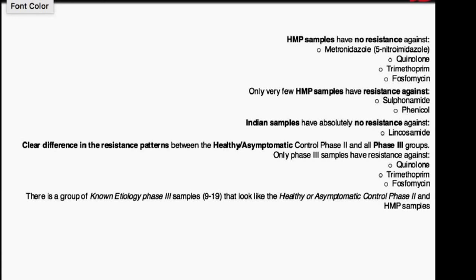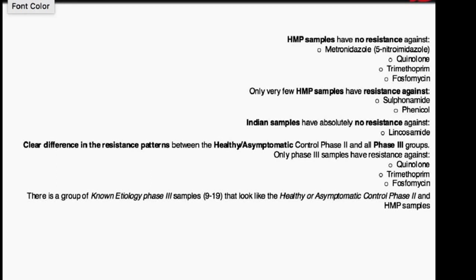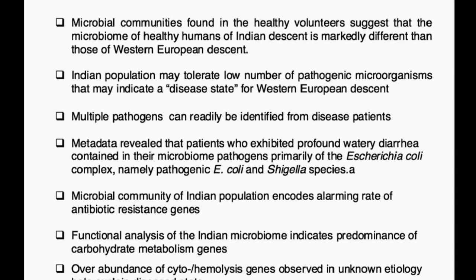Only a few of the NIH database samples have resistance against these, and on the other hand, the Indian samples show no resistance against this particular antibiotic, but a clear difference in the resistance patterns between the healthy and asymptomatic samples. So we're able to characterize the populations according to the genes they carry for antibiotic resistance.